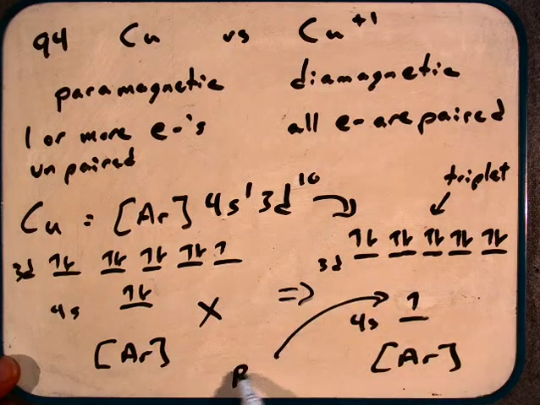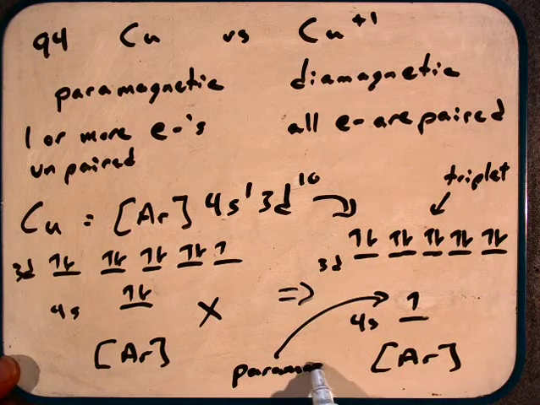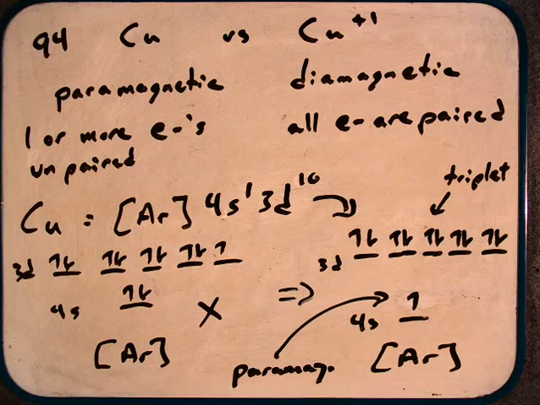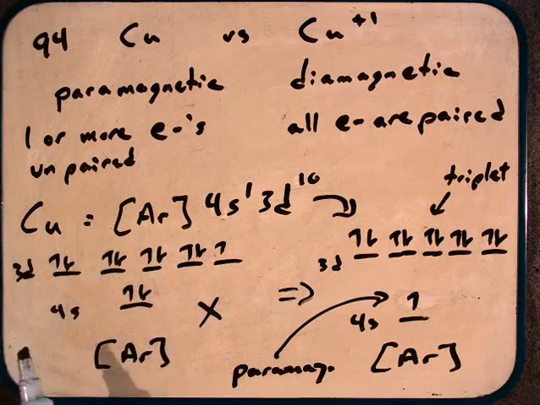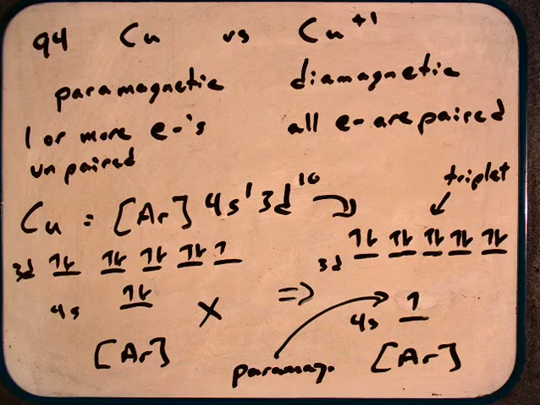So this is why it's paramagnetic. It's paramagnetic because we have 1 electron that is actually unpaired. You would come to that same realization if you had the other type of electronic configuration, but please remember this idea about the triplet state.